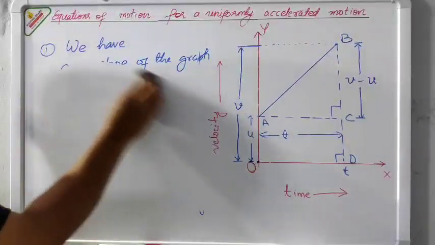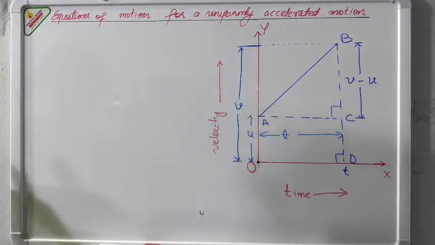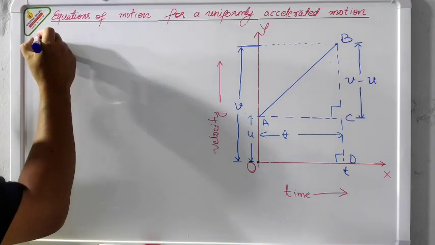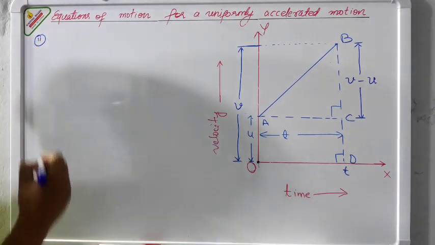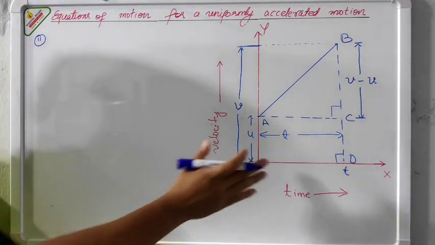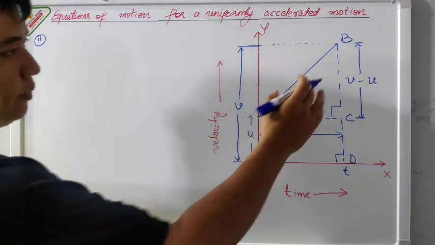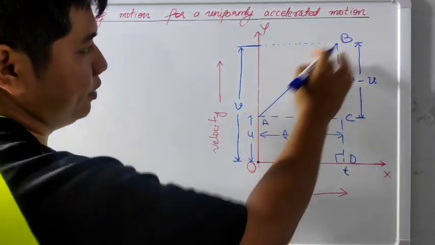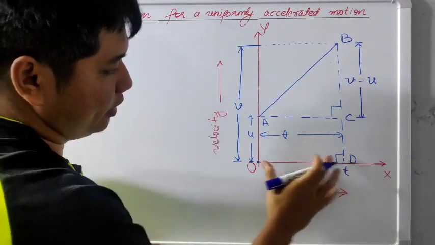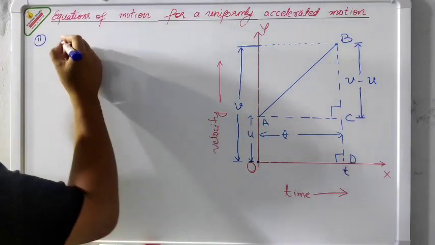The second equation of motion is s equals ut plus half at square. s is the displacement. Number 2. We know that from the vt graph, the displacement is equal to the area enclosed by the graph line and the x-axis. Area enclosed will be the area of this trapezium.